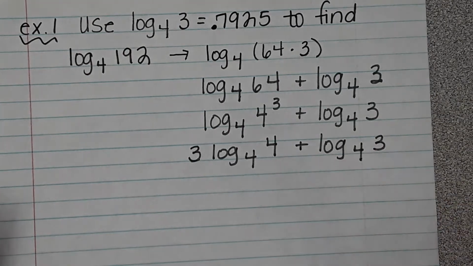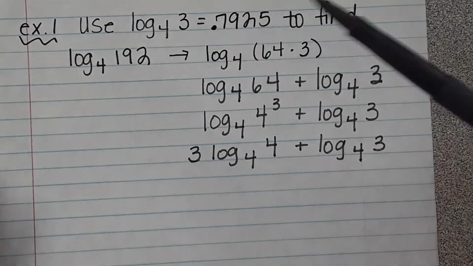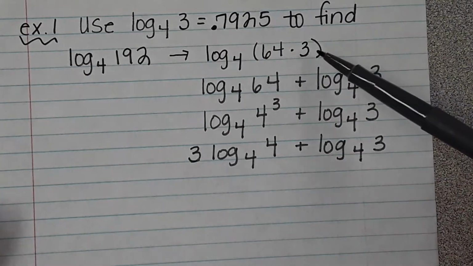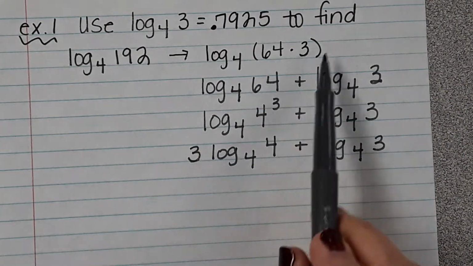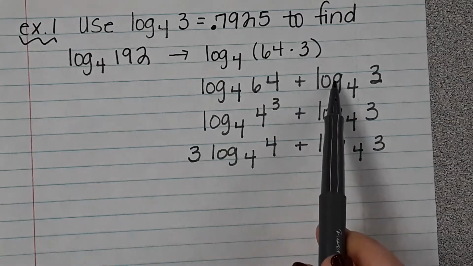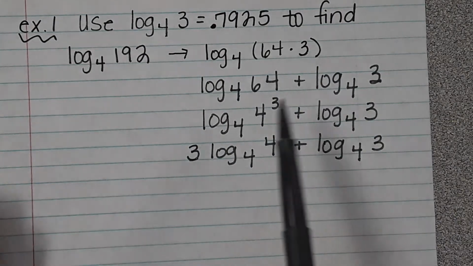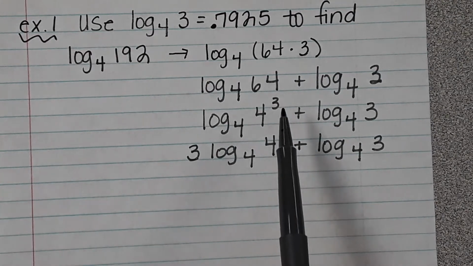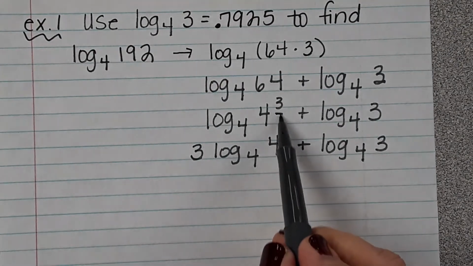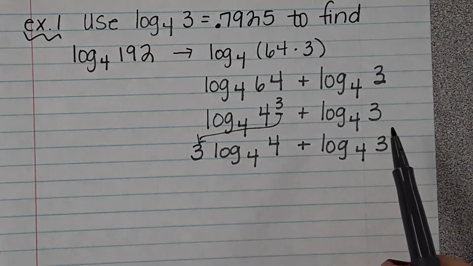Okay, so they gave us something to use, which was 3, so that's why we use the 3. We know that we can take our multiplication problem and write it as an addition. We know that we can rewrite 64 as 4 to the 3rd. We know that this exponent goes in front of the 3.